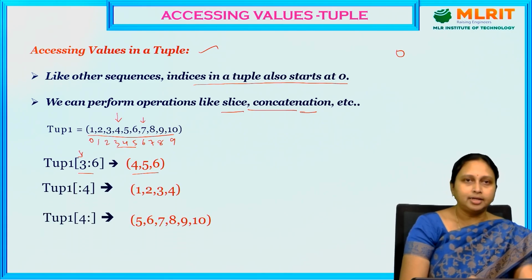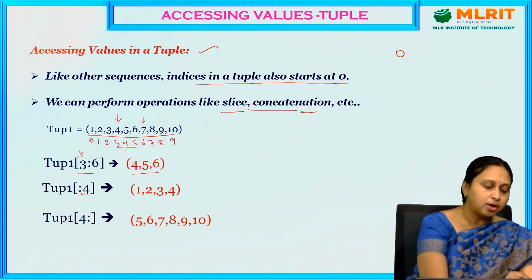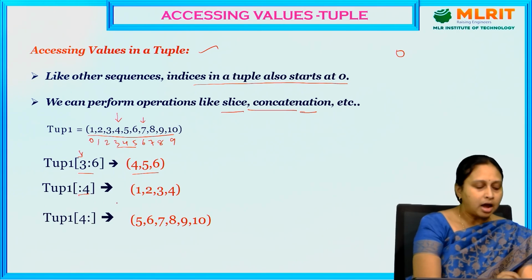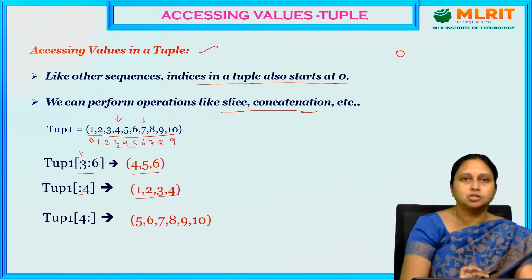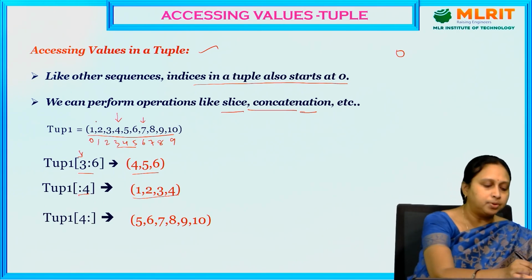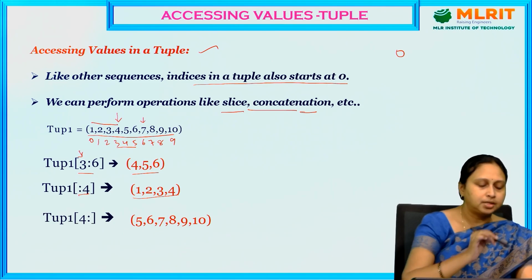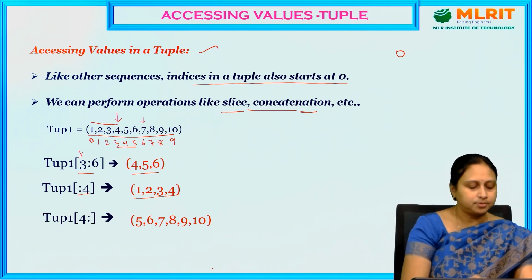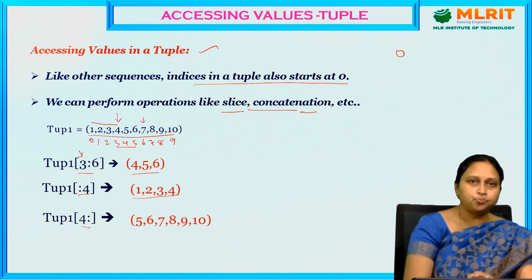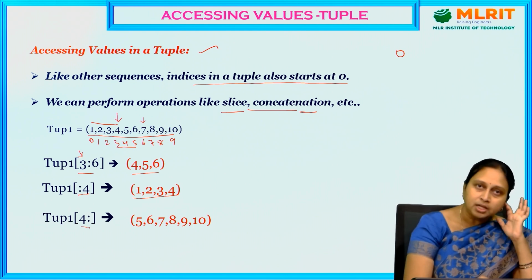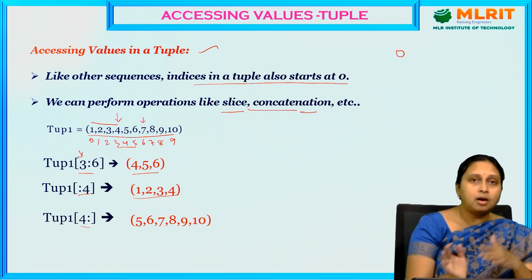And the next one, :4. That means it starts the index from 0 onwards. If I use :4, all the values present in the tuple from 0 up to n-1 will be printed. And 4: means it is going to start from index 4 and print all the elements up to the end.